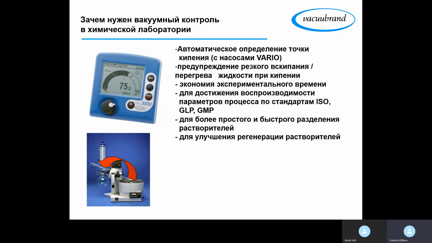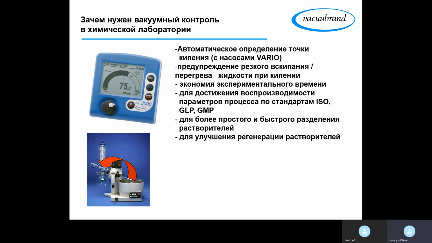You always have either a mixture of solvents, or a solvent with your substance, and so on and so forth. So although you set everything according to the table on the rotary evaporator, the vacuum that we will need to distill your solvent may be either higher or lower depending on what you distill it from.